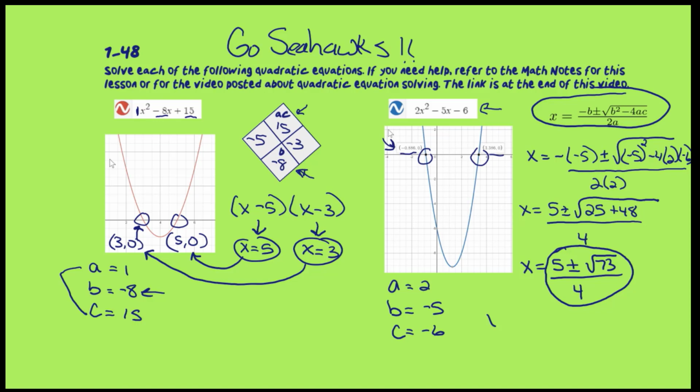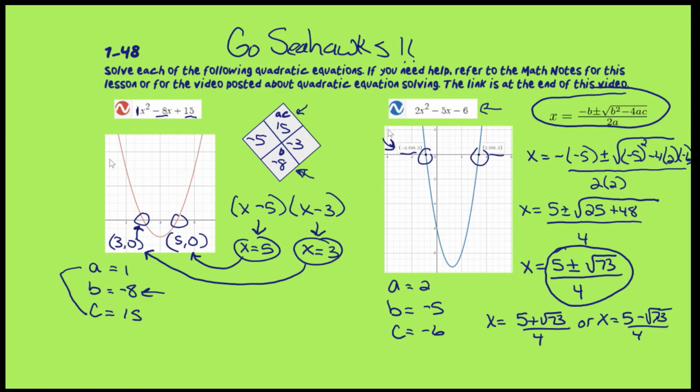Or if your teacher wants you to, you can say here's one solution, 5 plus the square root of 73 over 4, or 5 minus the square root of 73 over 4. And that is the final answer.